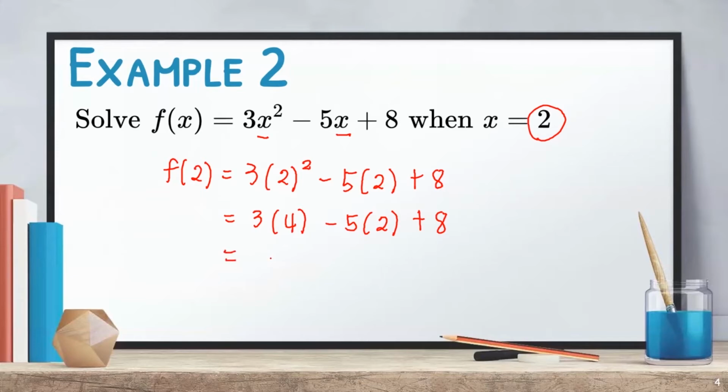So that will give us 12 minus 10 plus 8. From here, we need to simplify 12 minus 10 plus 8, which will give us 10. Therefore, f of 2 is equal to 10.